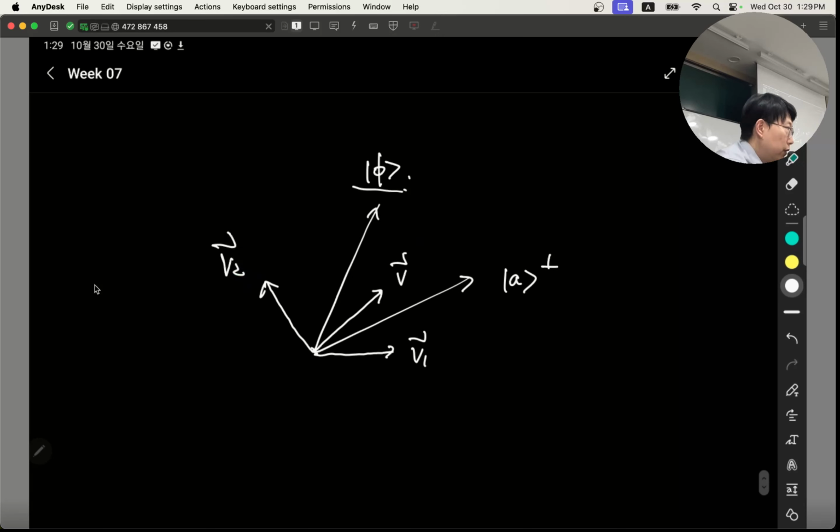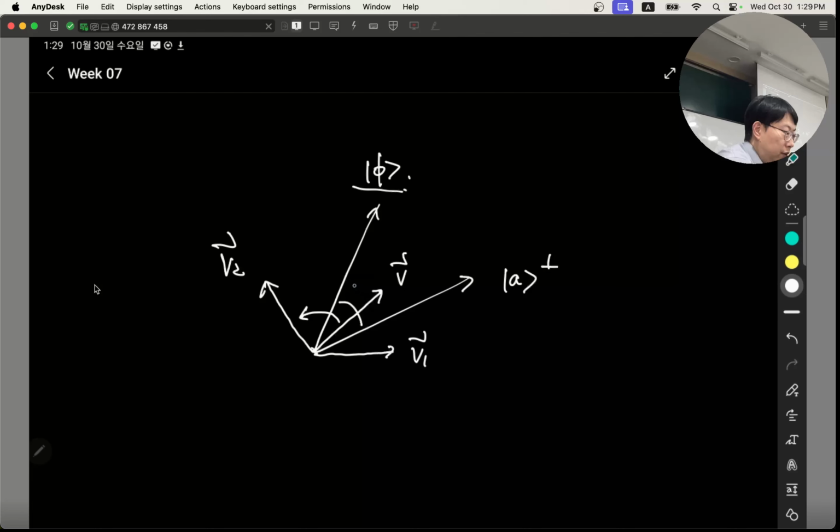So if you compare the vector v to vector v2, what happened? You rotate v to v2 by how much angle? You rotate by twice the angle between A perp and phi.